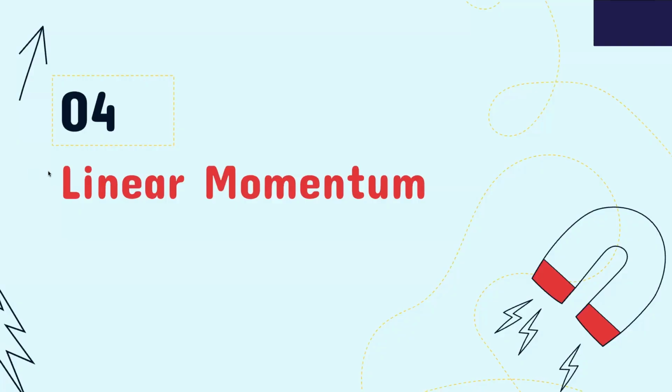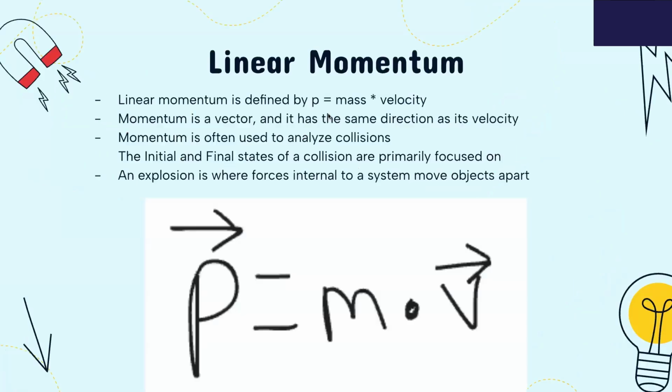Our next unit is linear momentum. Linear momentum is a quantity defined by the following. The symbol is p, and it's equal to mass times velocity. Because mass is a scalar and velocity is a vector, momentum must be a vector too, and its direction is the same as the direction of velocity.